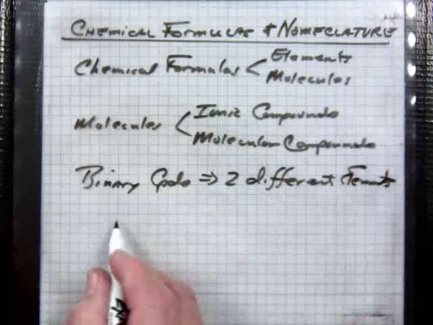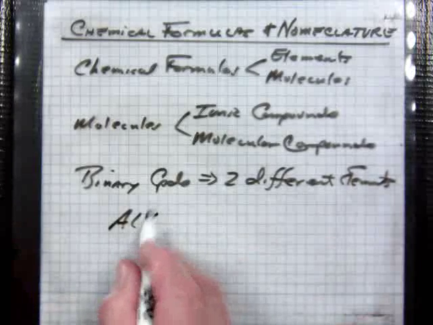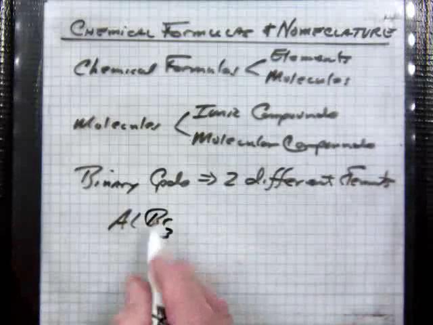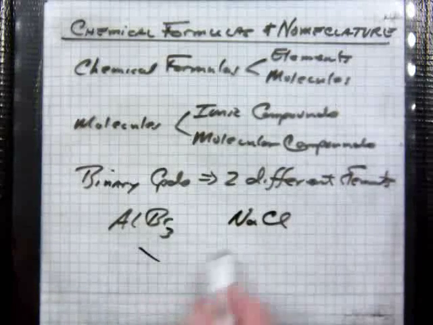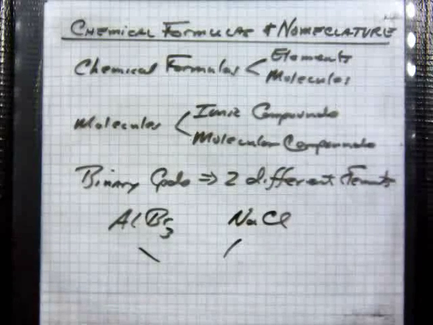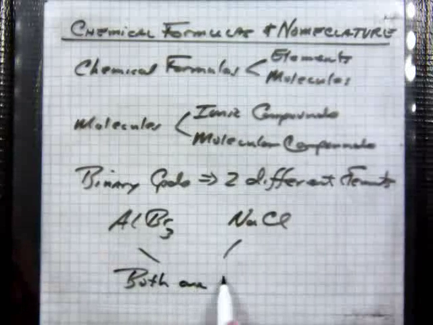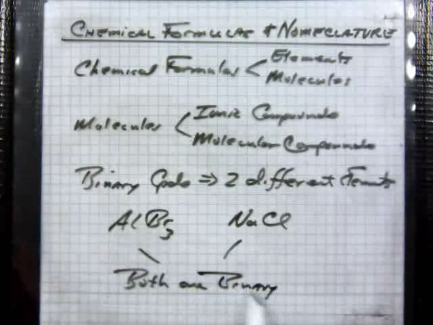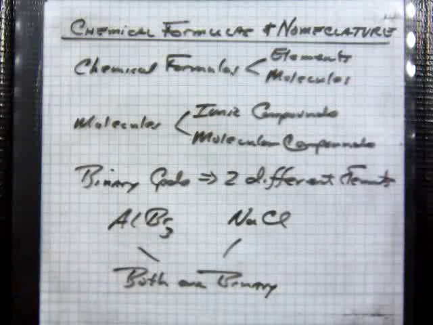Aluminum bromide and sodium chloride, both of these are binary. Two different elements. But of course, the aluminum bromide has 4 atoms making up that structure.